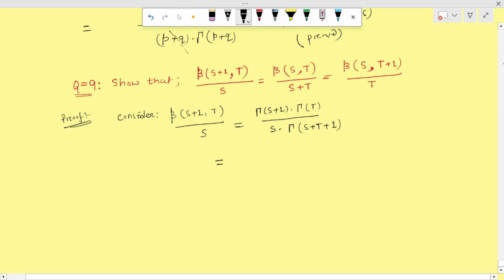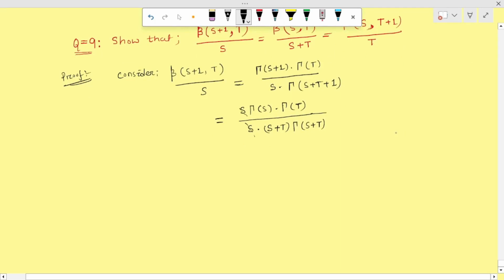Here gamma s plus 1 will be written as s gamma s into gamma t, divided by s into gamma s plus t plus 1, which can be written as s plus t gamma s plus t by using the first property of gamma function. Here s got cancelled.